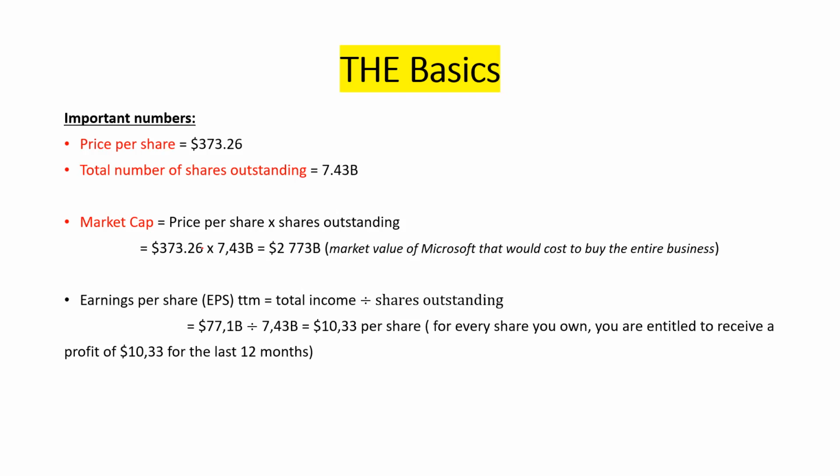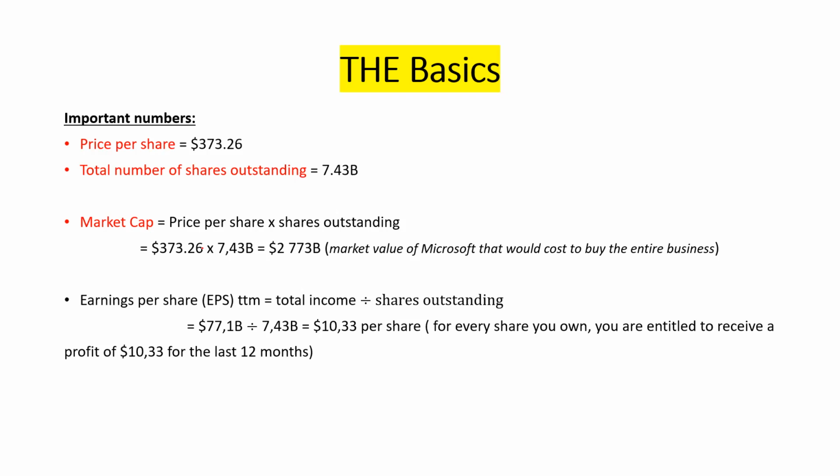This is known as market capitalization or market cap. Number four, one also has to know how much profit the company is generating. This is normally reported as earnings per share. Sometimes earnings per share is called net income per share or profits per share. They all mean the same thing.